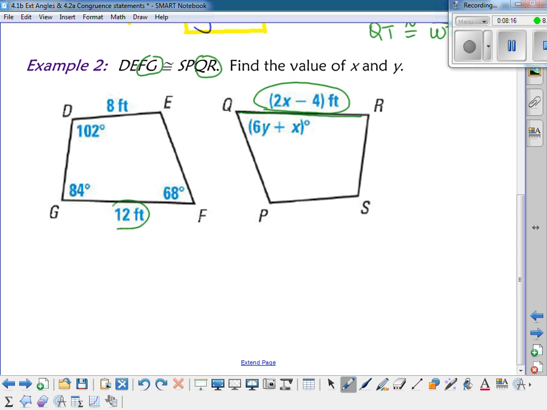So that means the 2x minus 4 is going to equal 12 feet. And again, you can redraw the figures if that helps you see it, or you can use the congruent statement to figure out what corresponds. But based on the congruent statement, I know that FG has to be congruent to QR. And so therefore, 12 feet has to equal the 2x minus 4. And then I can solve for x. If I add 4 to both sides, I get that 16 is equal to 2x. And then dividing by 2, x is equal to 8.